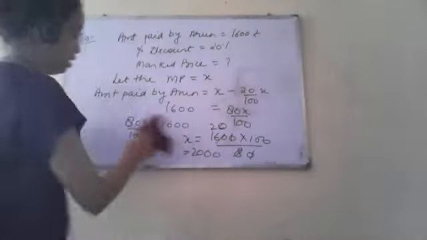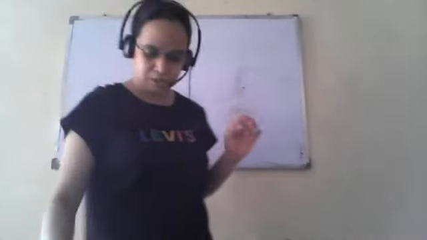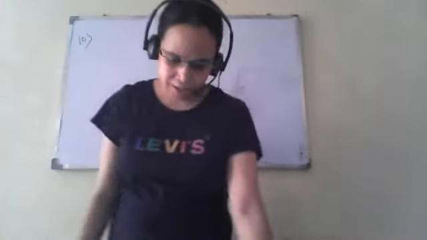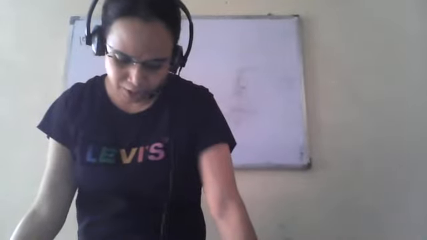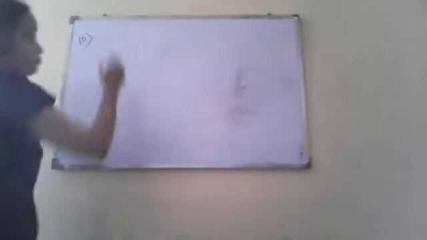Clear? Now question number 10. I purchased a hair dryer for rupees 5400 including 8% VAT. Find the price before VAT was added. Okay.